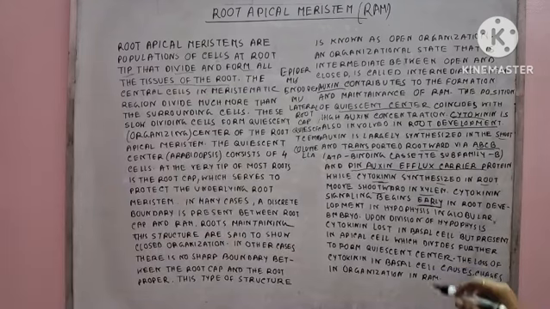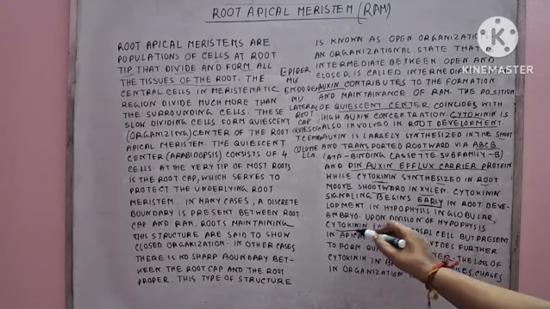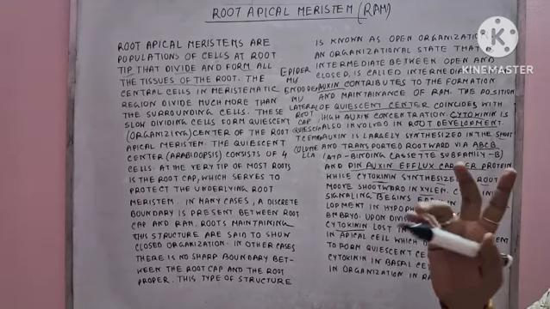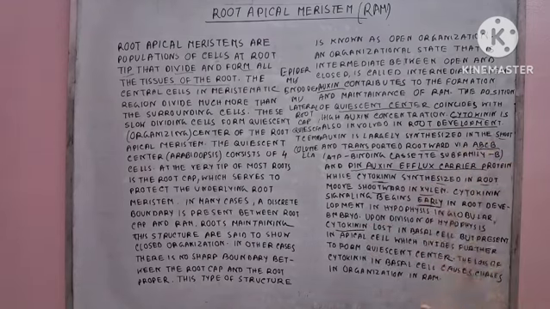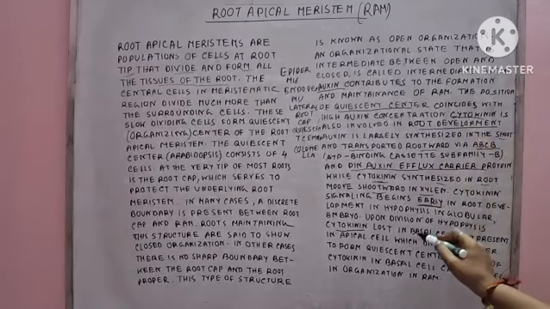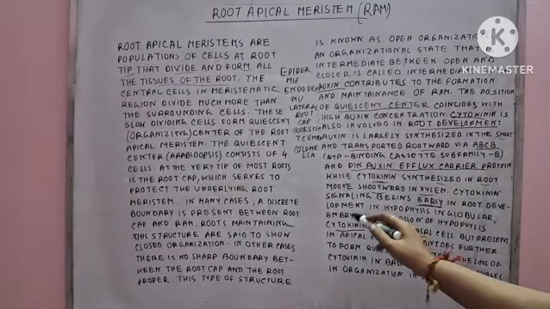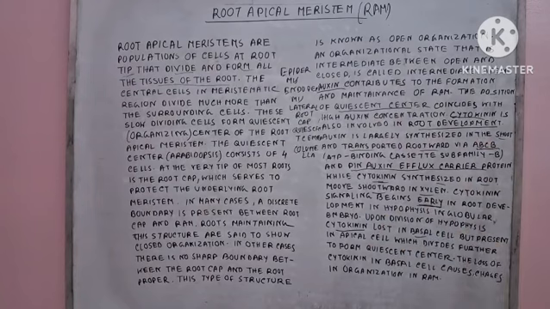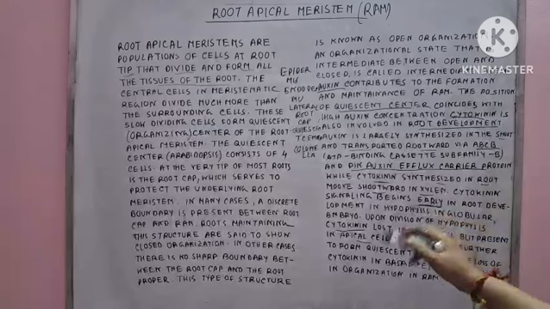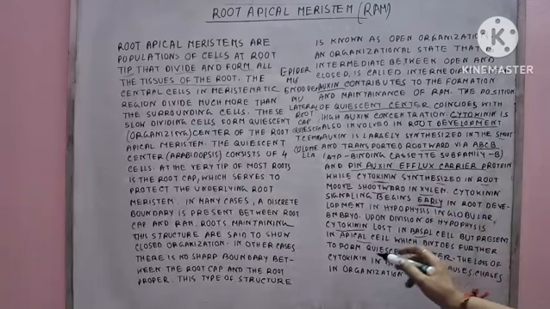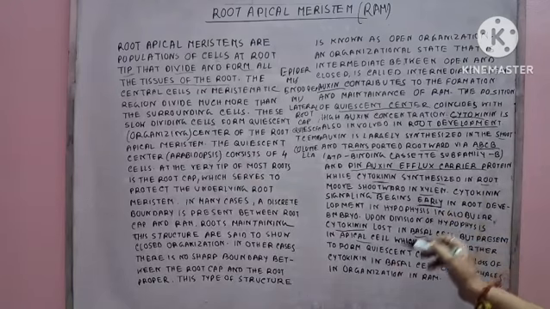Cytokinin is lost in the basal cell, in the first two cells formed when the zygote divides, the basal cell and the apical cell. But it is present in the apical cell, and it helps in the division of the cells to form the quiescent center.